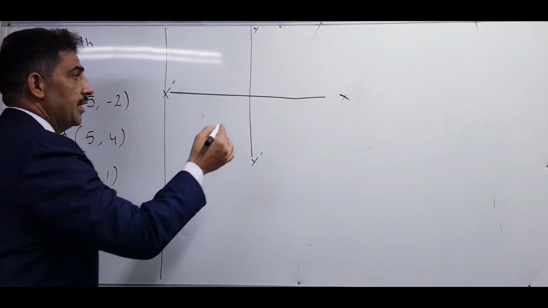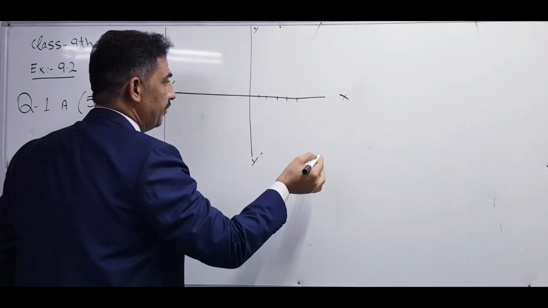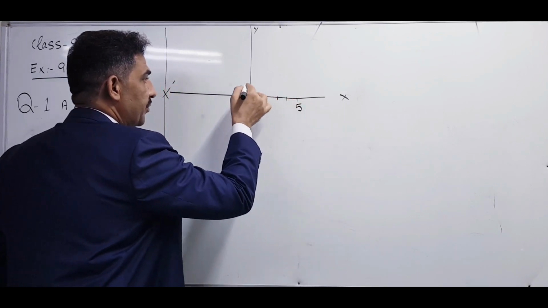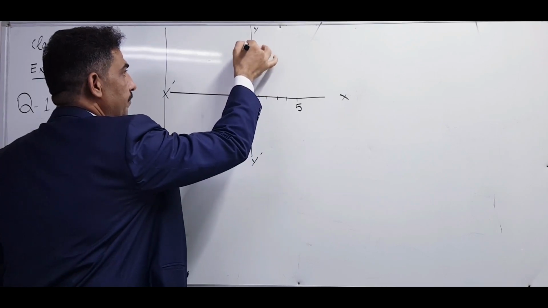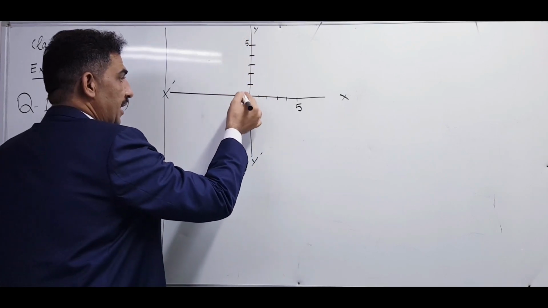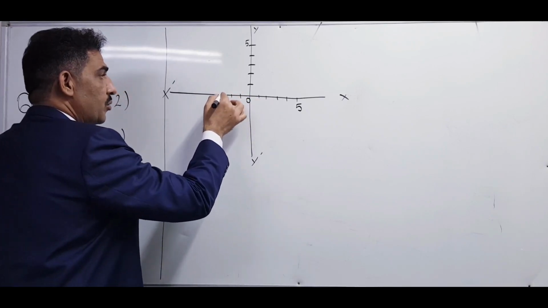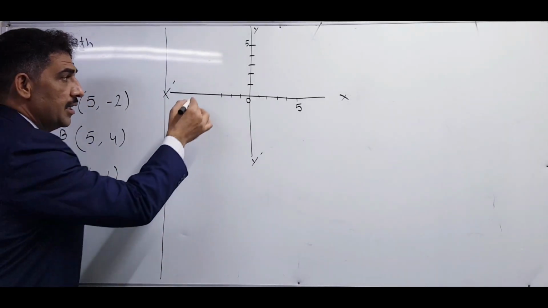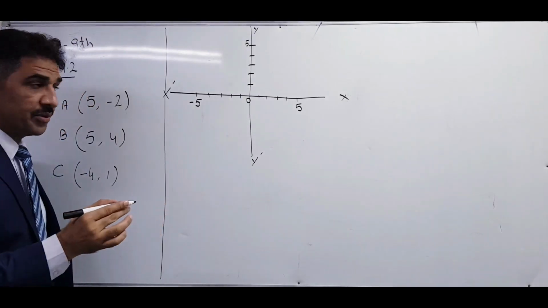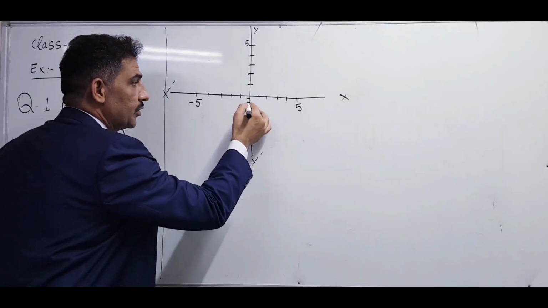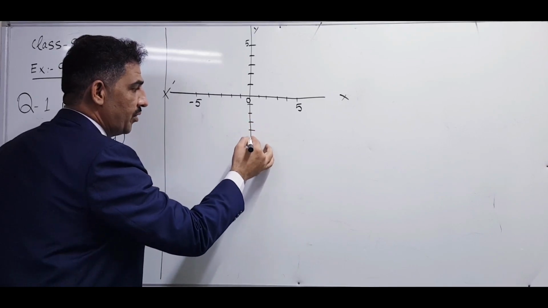We will assume 1, 2, 3, 4 and 5 on the positive side. On the negative side from the origin, -1, -2, -3, -4 and -5. Hope all of you are able to see that.